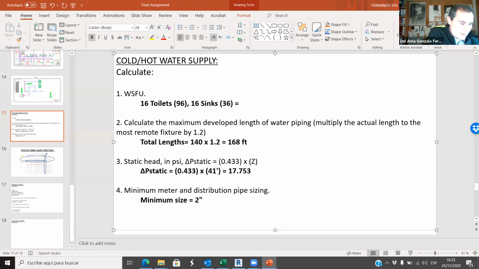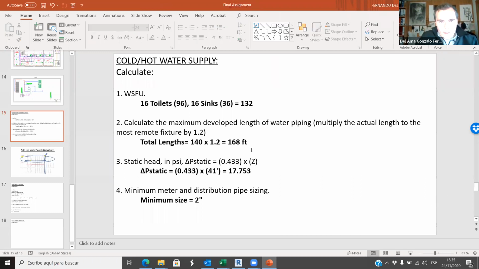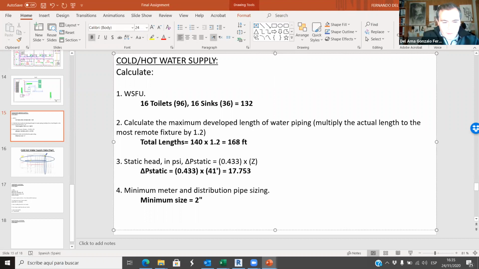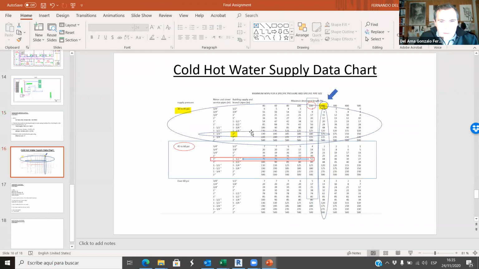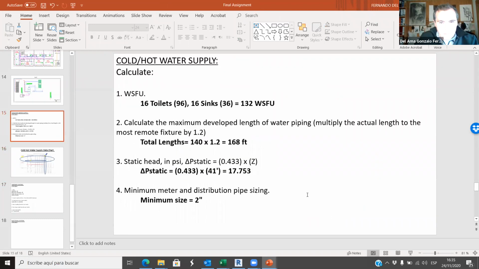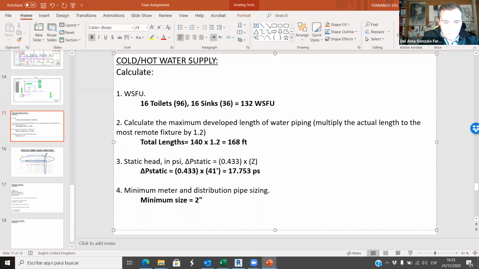It's 96 plus 36. It's 132. Okay, 132 water supply fixture units. Then 168 feet. And I think this is PSI, pound per square inch.